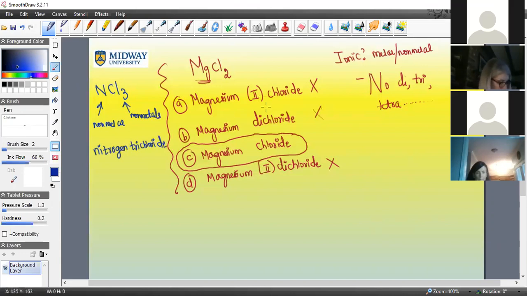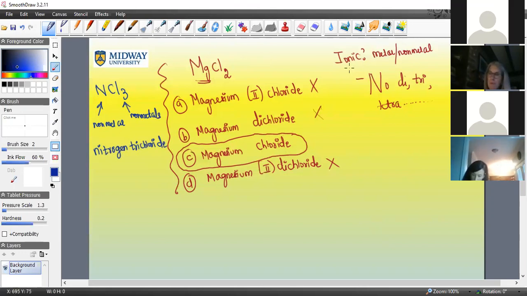In fact, something very similar to this type of compound was in one of the quiz questions. And if anyone remembers it vividly, they can definitely see that they would go for choice A, because the moment they see a metal, they want to put the Roman numeral in. No, Roman numeral is only for transition metals.